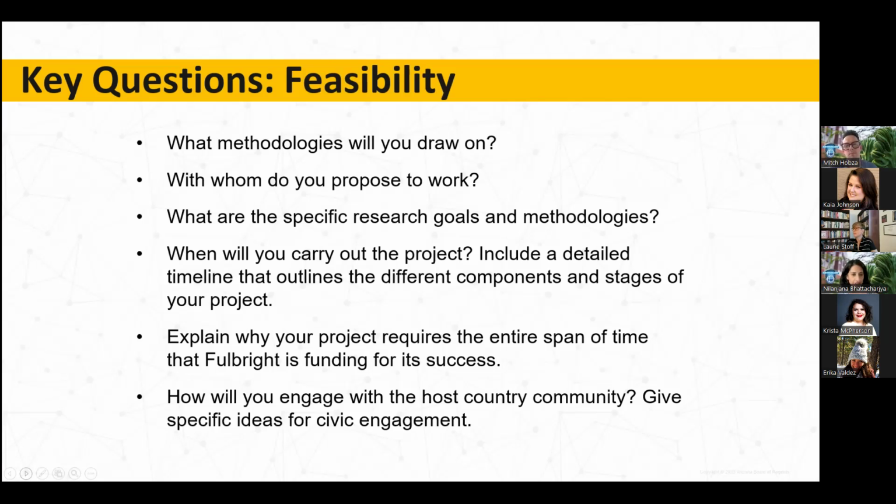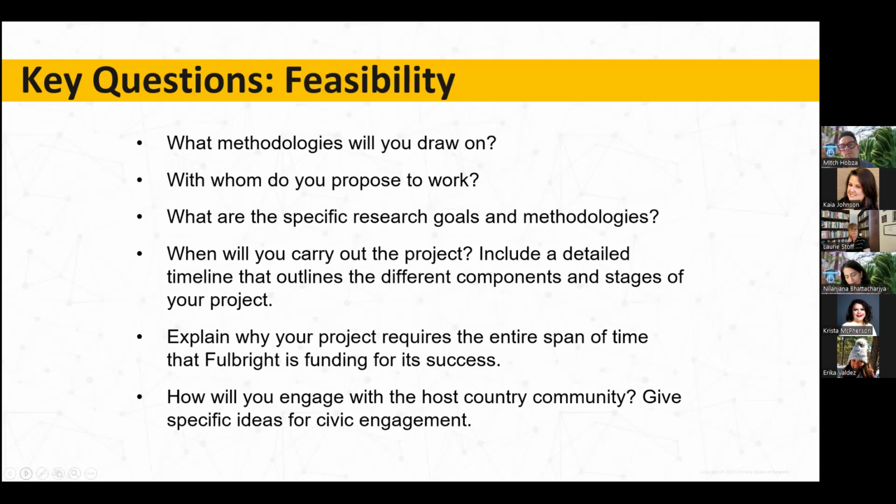You also want to talk about your affiliate, the people whom you're going to be working with, why it makes sense to work with that particular group, whether you've had contact with them. We hope you have thought about what kinds of resources are there.